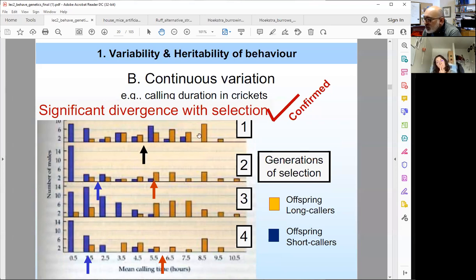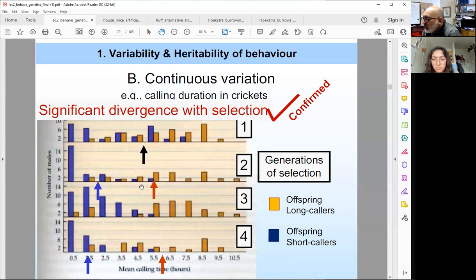So at the first generation, this is the collection of all of the crickets. And you can see that the average for all the crickets is around 5, let's say, calls per hour, or no, sorry, their calling time is in hours. So they're calling for about 5 hours.